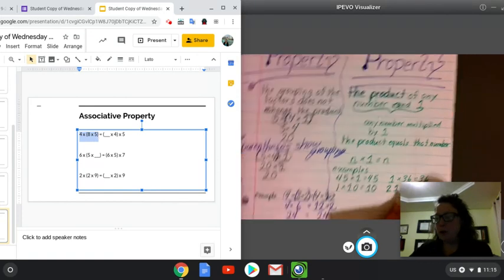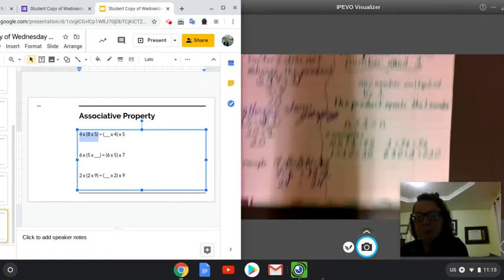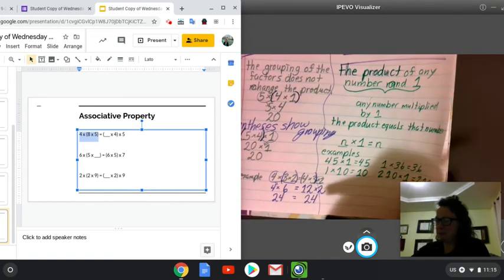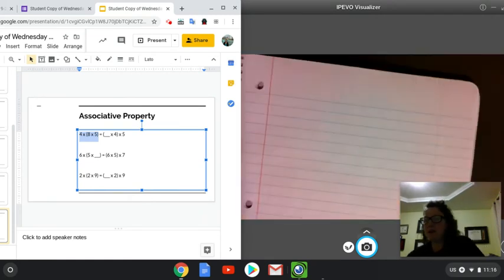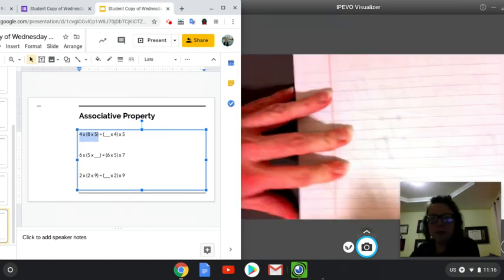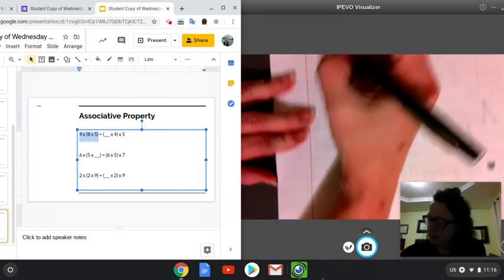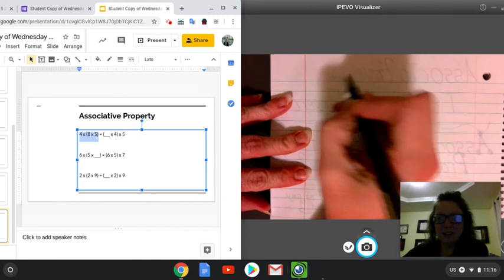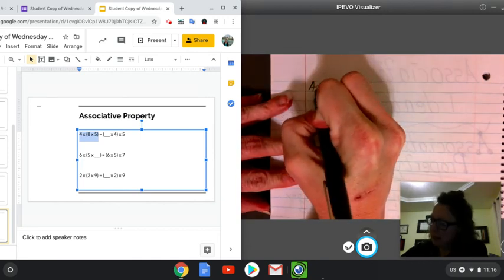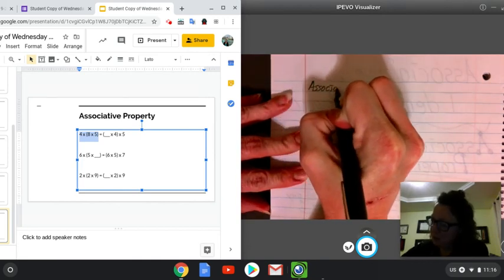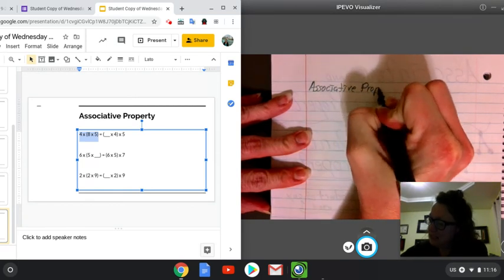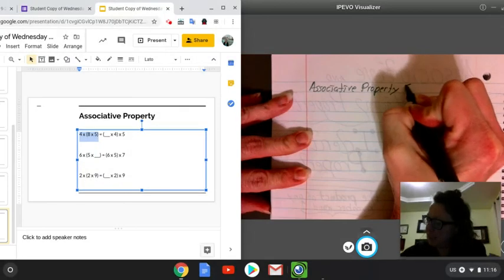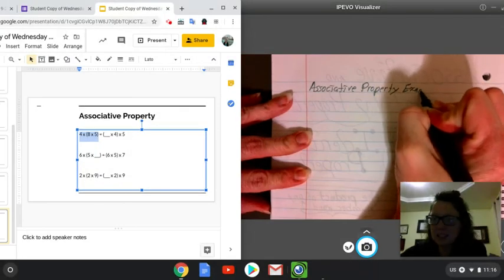So over on my examples, and I wrote a little bit too big, so I'm just going to have to go over to the back page, and that's okay. And I want to title it so I know that this is continuing. So these are the associative property examples.